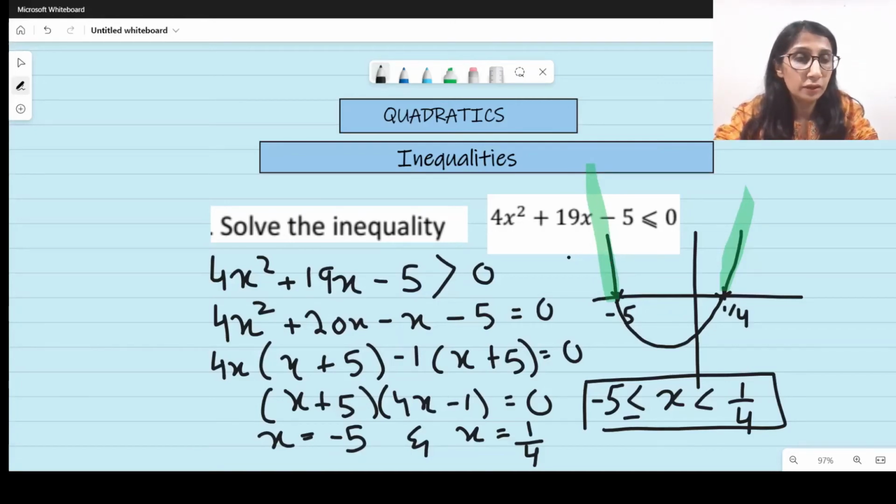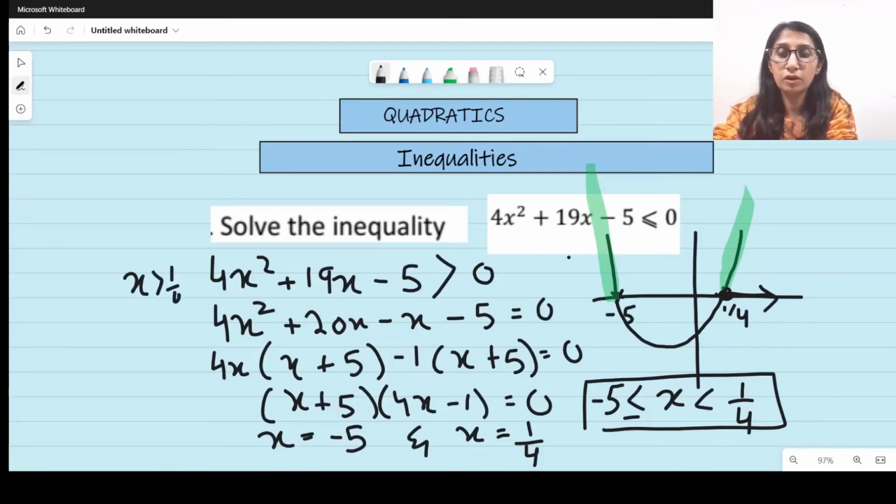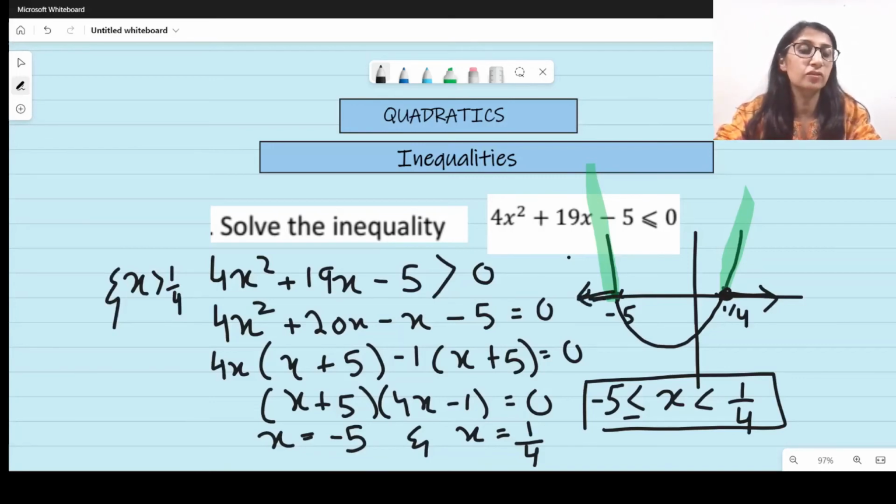Here, what's happening to the values of x? They're becoming bigger than 1 by 4. So then the answer would have been x is bigger than 1 by 4, and what's happening over here? The values are getting smaller than minus 5 and x is less than minus 5.